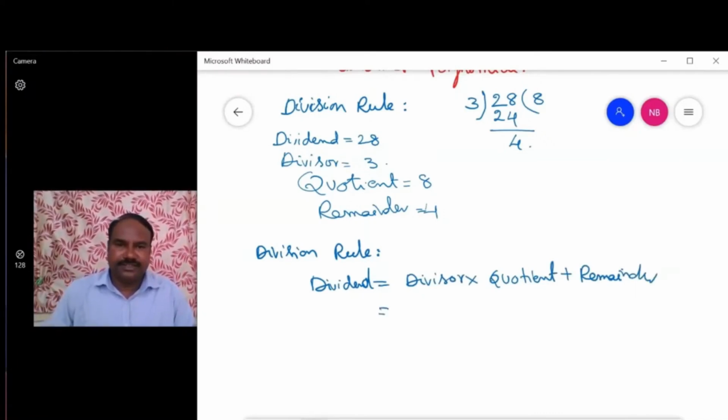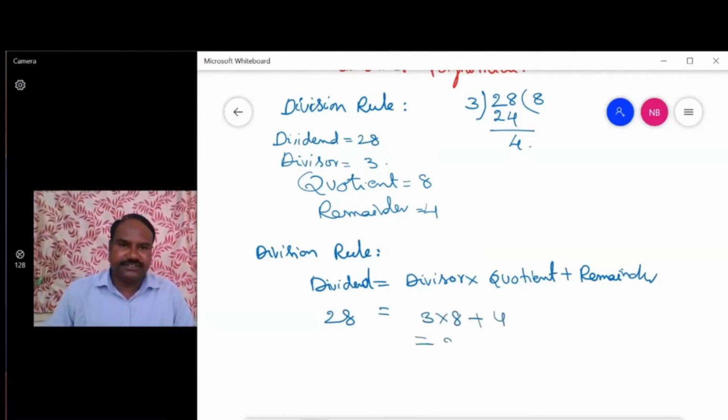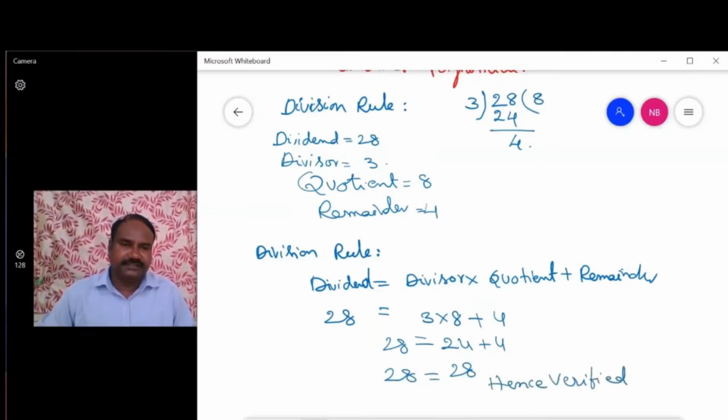Let us substitute the values here. Dividend is 28, divisor is 3, quotient we got is 8, plus remainder is 4. That is, 3 eights are 24 plus 4, that is 28. 28 is equal to 28, hence the division rule is verified.